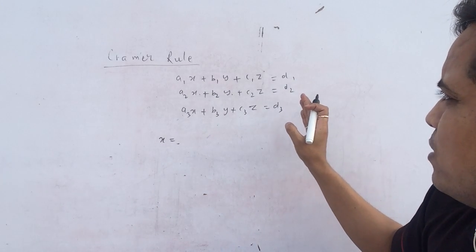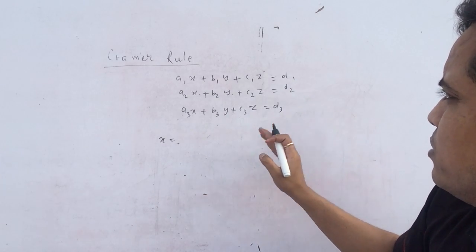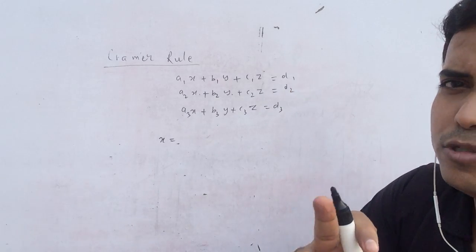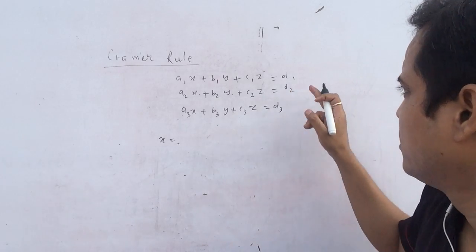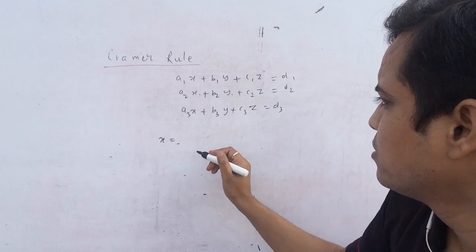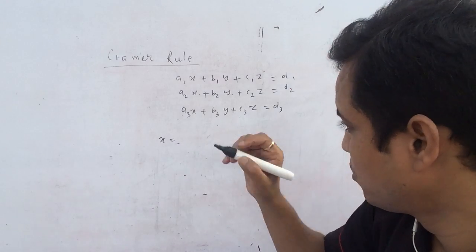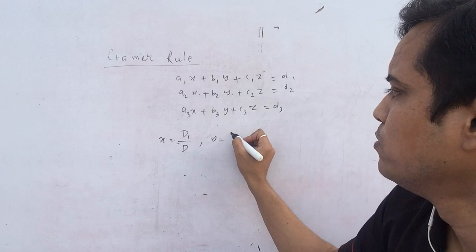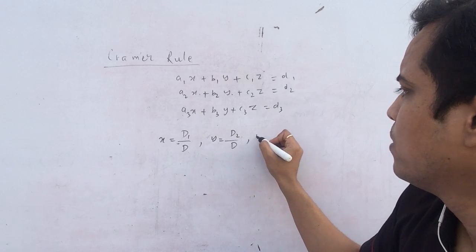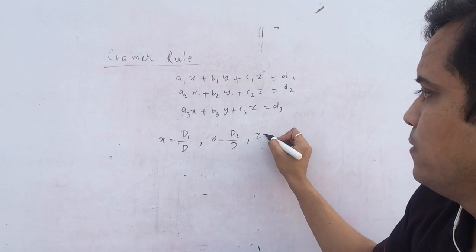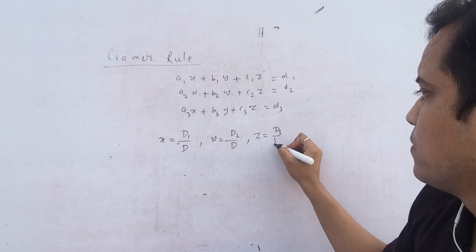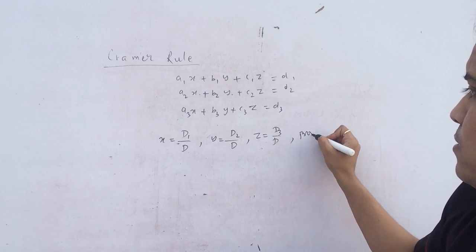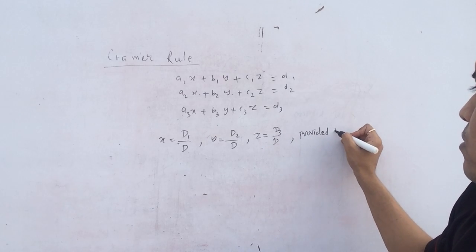I am considering only the non-homogeneous case, where d1, d2, d3 are not equal to 0. So the solutions are x equal to D1 upon D, y equal to D2 upon D, z equal to D3 upon D, provided D should not be equal to 0.